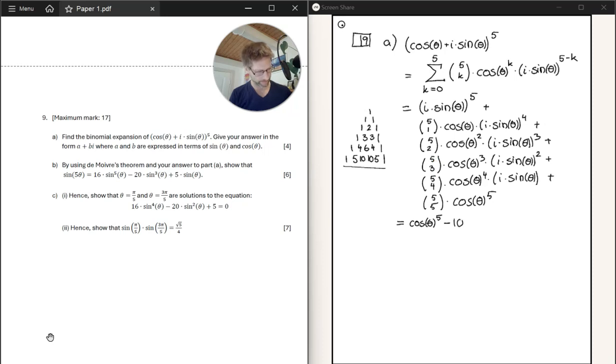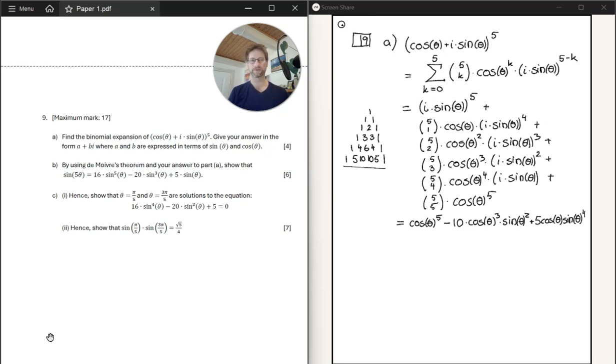That's a 10 times cosine of theta cubed times I squared is the minus. So sine of theta squared, and finally this guy up here is plus 5, that's the binomial coefficient, cosine of theta times I to the 4 is just 1, and then we have sine of theta to the 4.